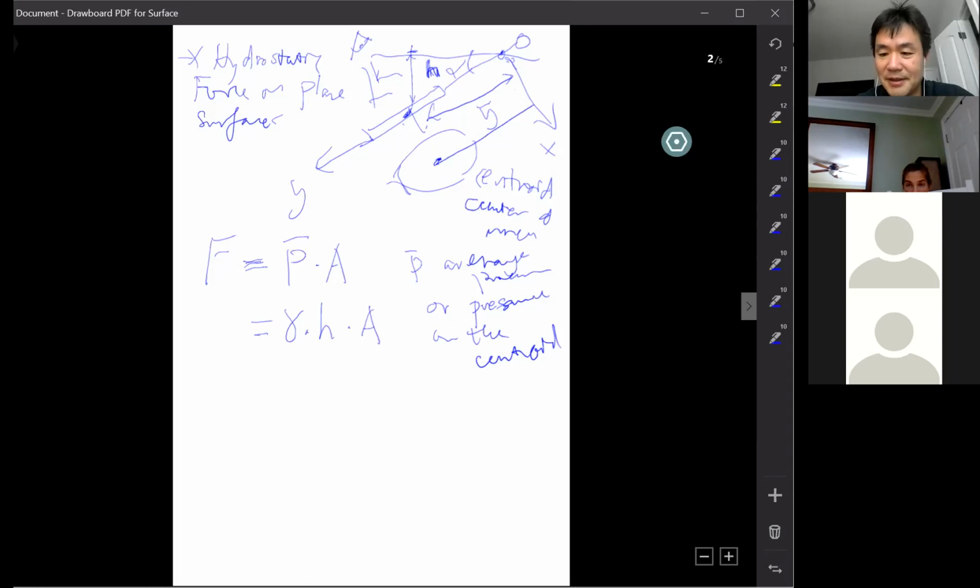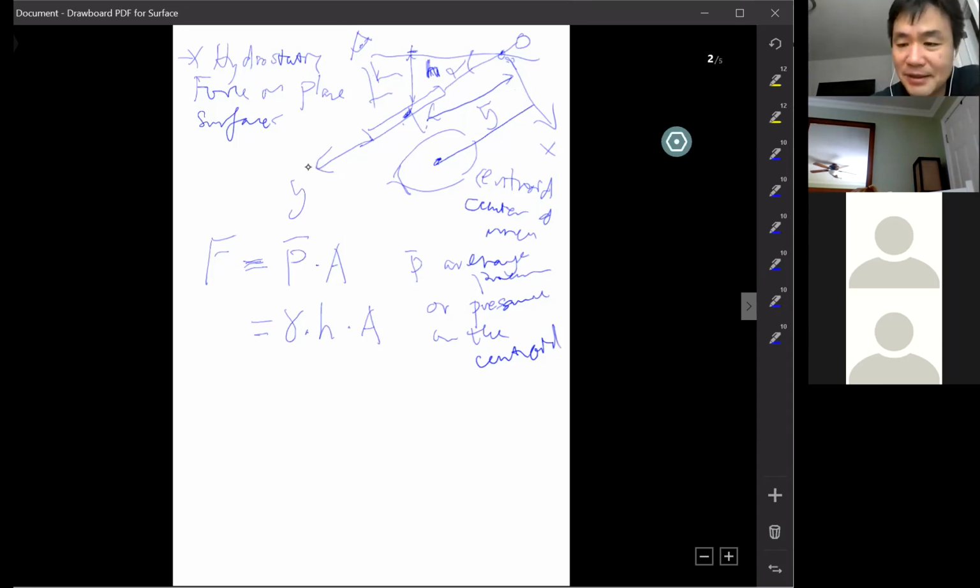Y bar is not the water depth at the central location. It is the distance from the surface to the centroid along the plate direction. You understand the y direction, right?